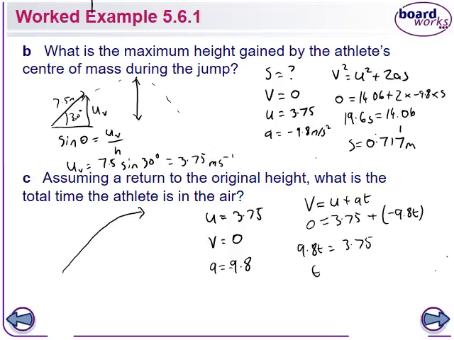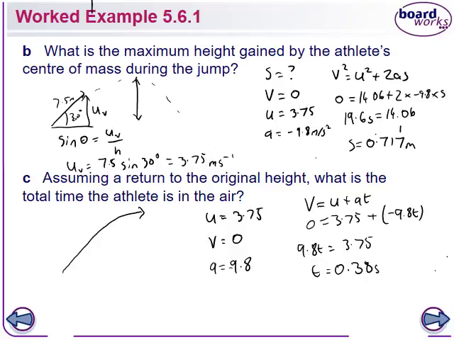And so T is going to be equal to 3.75 divided by 9.8. 0.38 seconds. We are not finished. Why not? You have to double it.